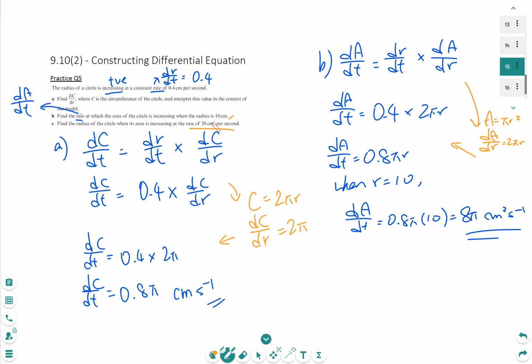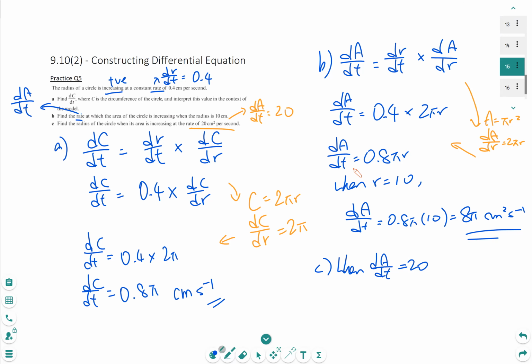So this one, we are told dA by dt equals 20. Now I want to find the radius, so we work backwards. So part C. When dA by dt equals 20, what's connecting dA by dt and radius?